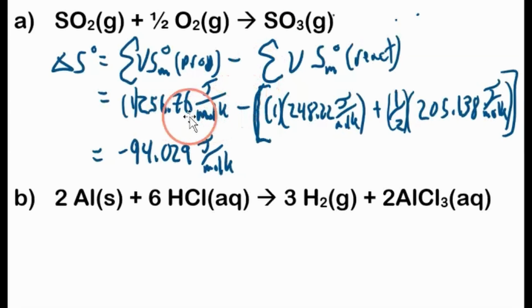And how many sig figs do we have? We only have 2 decimal places of significance here. So negative 94.03 joules per mole Kelvin. It's negative, which means the reaction entropy is decreasing, which makes sense because for every 1.5 moles of gas that react, we only get 1 mole of product.